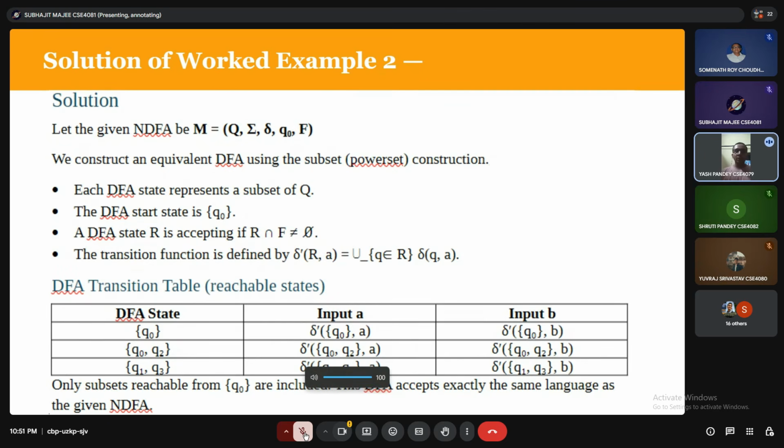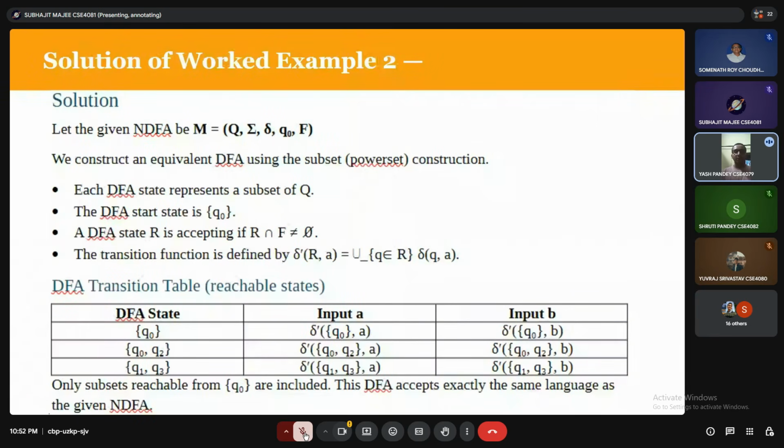Now moving on to the solution for the second example, which is based on the diagram. Once again, we establish our start state as Q0. We evaluate the transitions to find new reachable subsets, which are Q0 and Q2, and Q1 and Q3. The most important takeaway from this process is that we only include the subsets that are actually reachable from the start set.